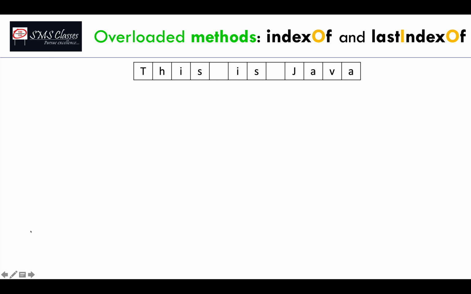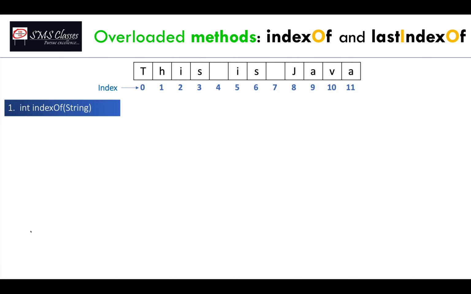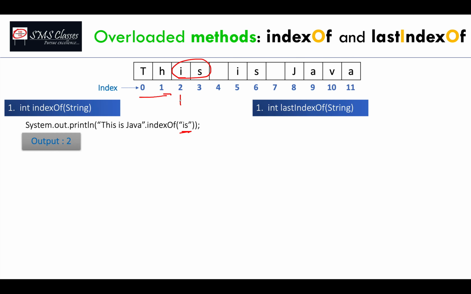indexOf and lastIndexOf are three more overloaded methods. indexOf string: before, we learned giving a character, now we can give a string also. Again, it is going to search from the beginning, wherever it finds the first is, and it returns that position. Similarly, your lastIndexOf is going to search from the last, wherever it finds that is matching, and that position it will return.